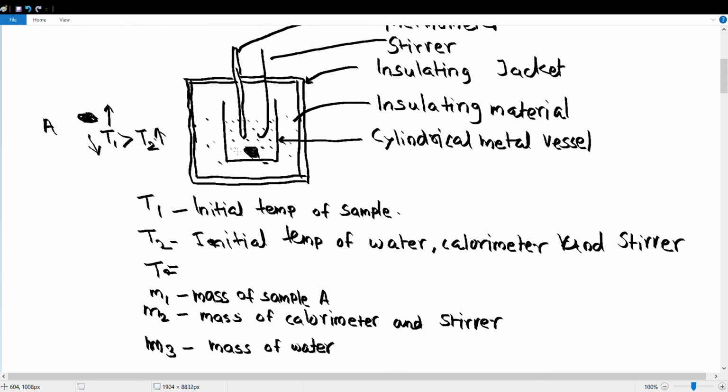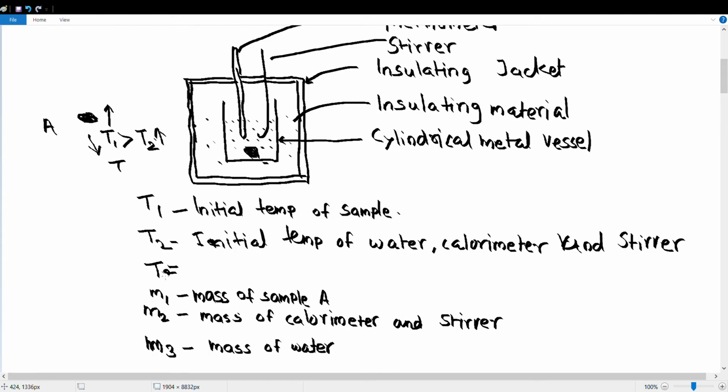The exchange of heat is carried out for a few minutes, and after some time the temperature of this sample, the temperature of water and the temperature of the calorimeter become constant.